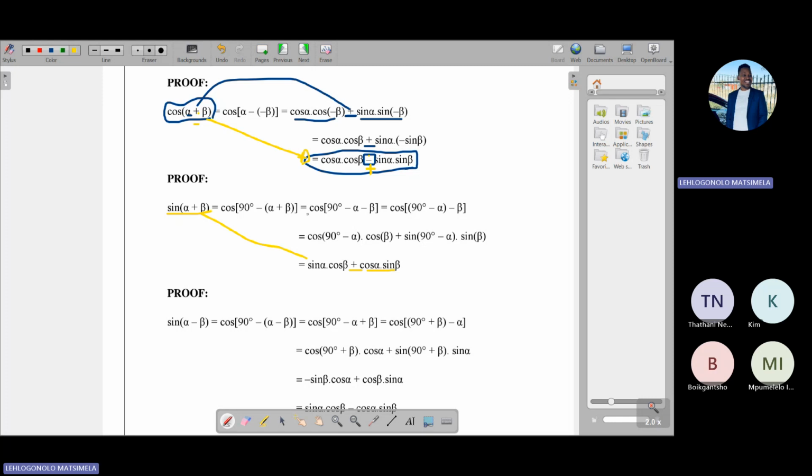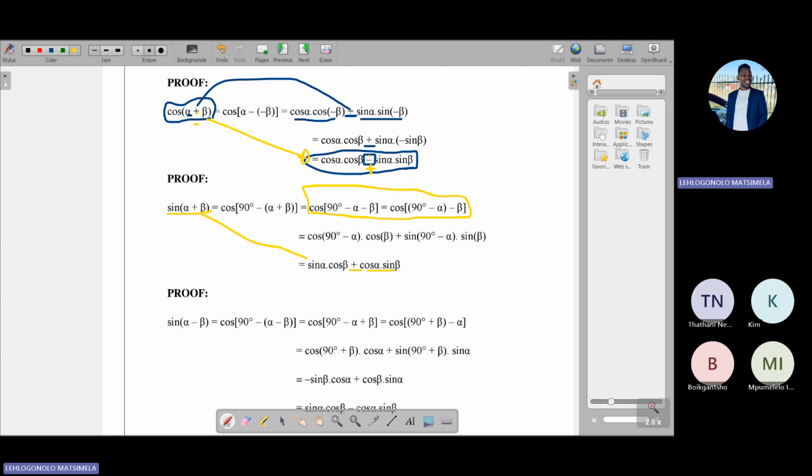How we came to this one, we derived it using the co-function angles, the one of 90 plus and the one of 90 minus. You can see they have reduced this by saying it's 90 minus. When you reduce sine of A plus B, we reduce it from cos of 90 minus an angle.